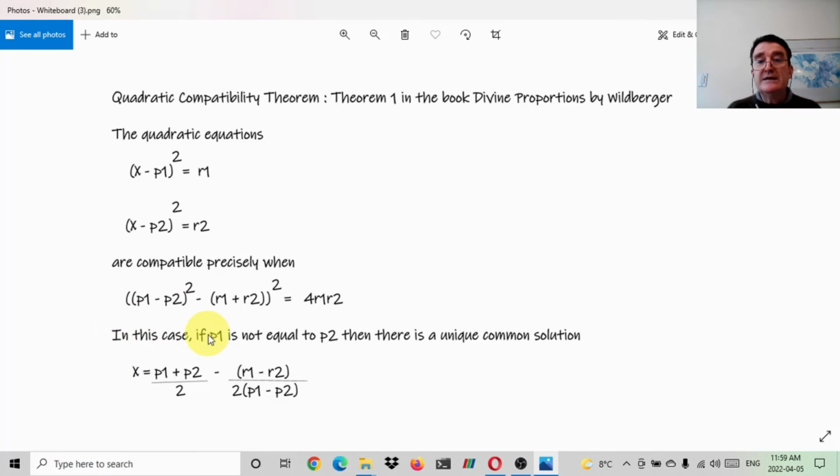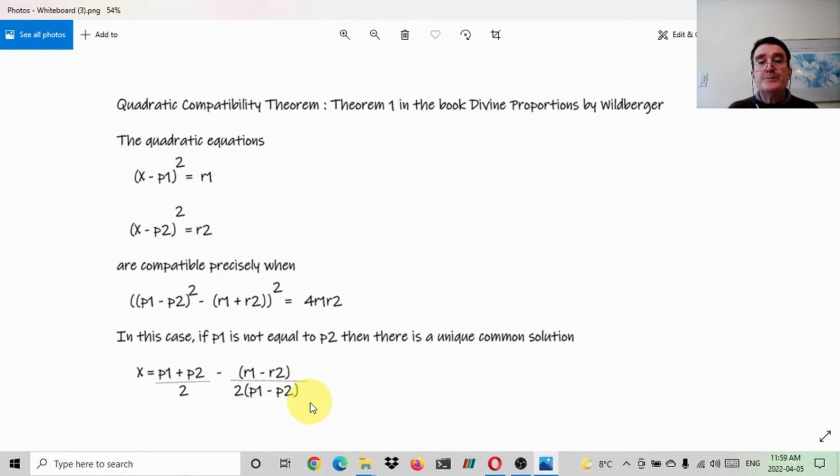In this case, if p1 is not equal to p2, then there is a unique common solution given by x = (p1 + p2)/2 − (r1 − r2)/(2(p1 − p2)).